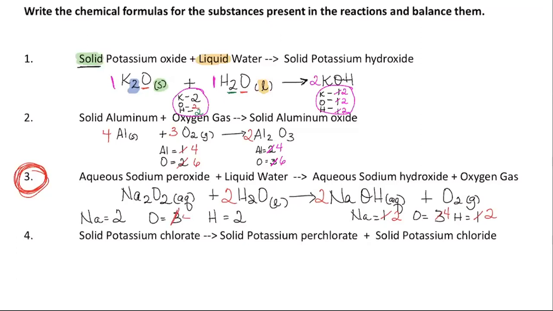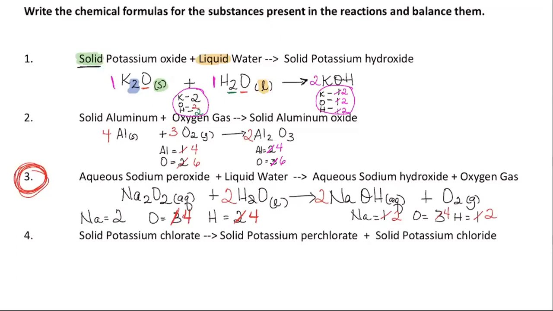Now my oxygens are up to 4, but then you have to realize that putting that 2 before the water now took your hydrogens, okay, up to 4 hydrogens. Okay, and we only had 2.